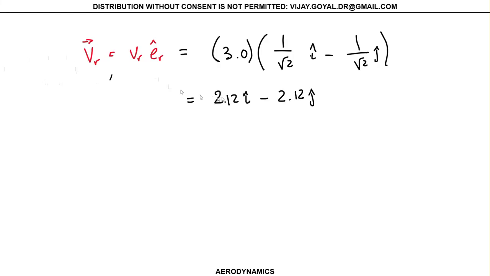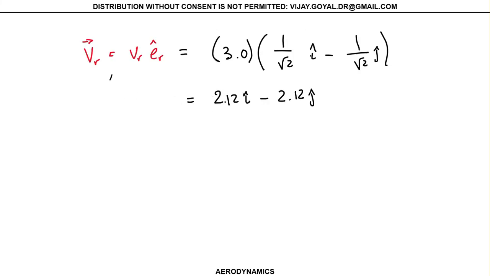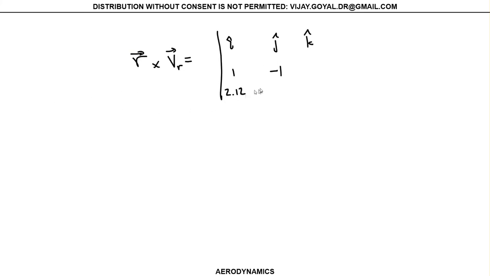So if I wanted R cross product V, then you write i, j, k. Your R is equal to 1, minus 1, and your V in the R direction will be 2.12, minus 2.12, and we don't have anything in the k.